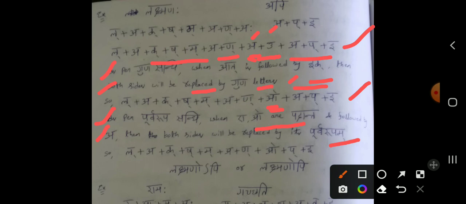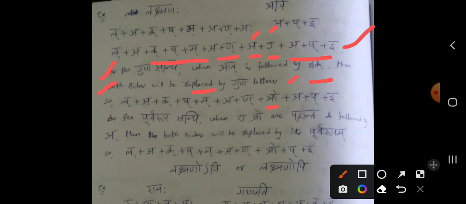O at the Padanta, and in Api, A is the first letter. In Lakshmanaha, we got O as the last letter. So it satisfies the Purva Rupa Sandhi rule, and we are applying that rule here. So O plus A becomes O. Both sides will be replaced by the letter O. Now A won't be there and O won't be there. So see this final form.